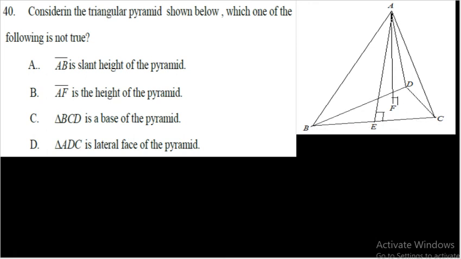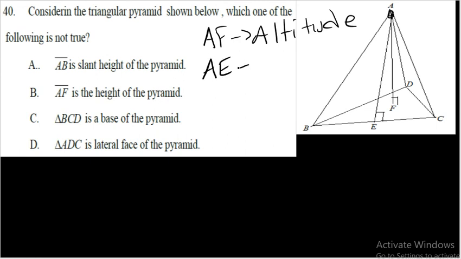The altitude is given. The altitude means AF. AF is the altitude. Altitude of what? Altitude of the pyramid. The one which is drawn from the vertex vertically to the base, perpendicular to the base. And the other is the slant height. The slant height is AE. AE means it is the altitude of the face. The altitude of the face will be the slant height.